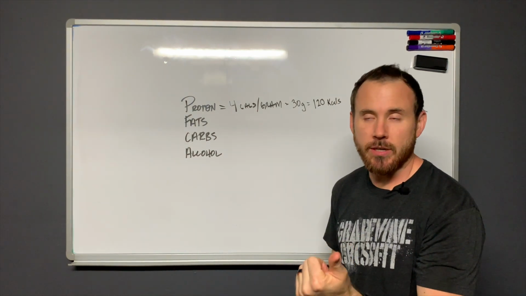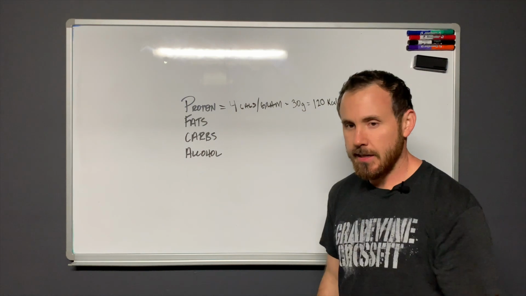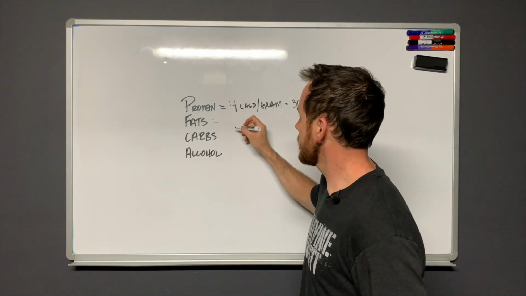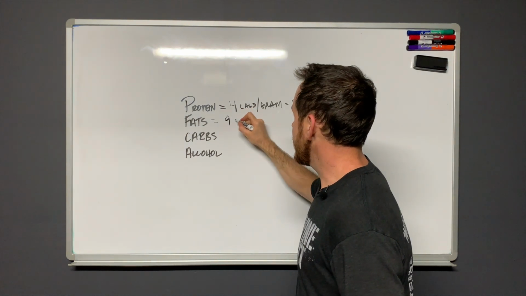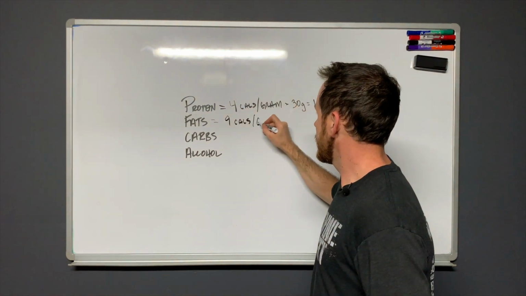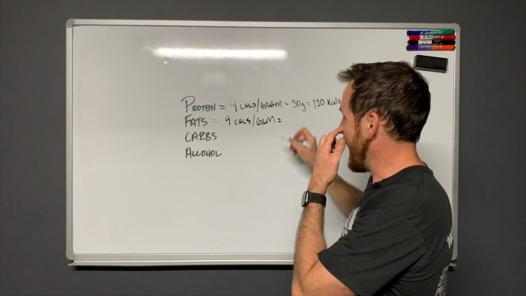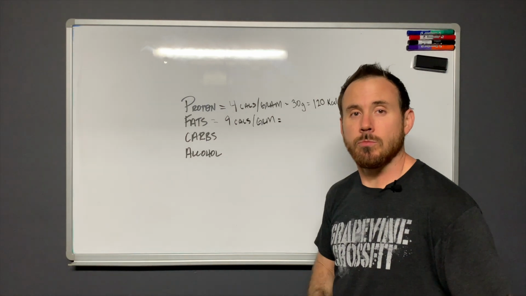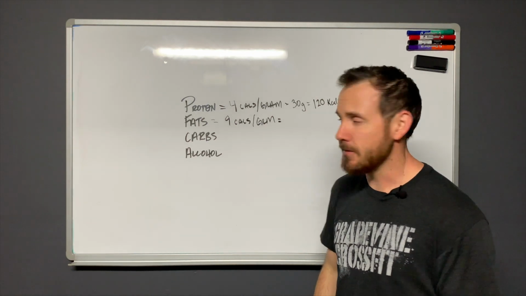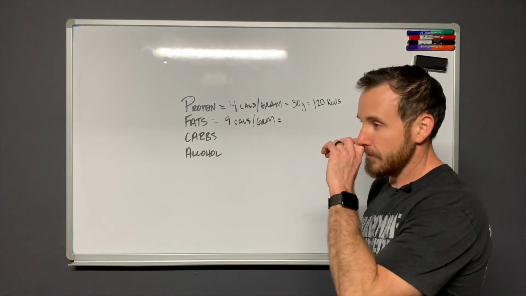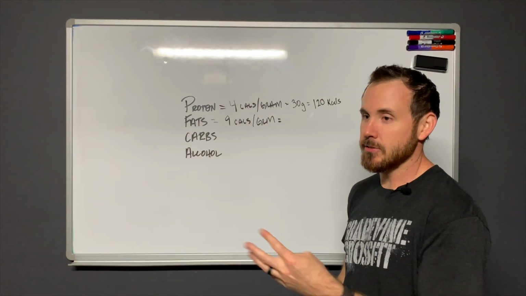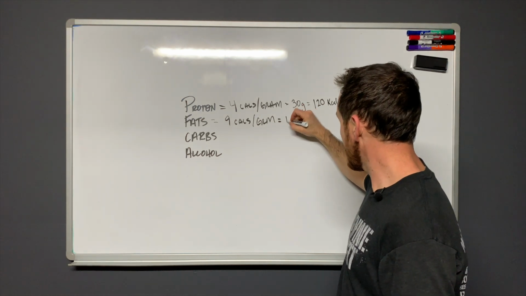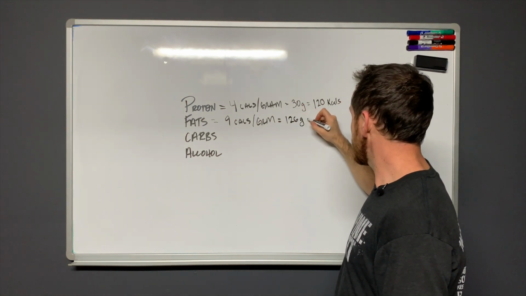And that's not taking into account any kind of fat, which moves us into the next piece. Fats represent 9 calories per gram. So if you have a tablespoon of olive oil, which generally represents 14 grams of fat, you're going to have 9, 18, 27, 36, 126 calories.